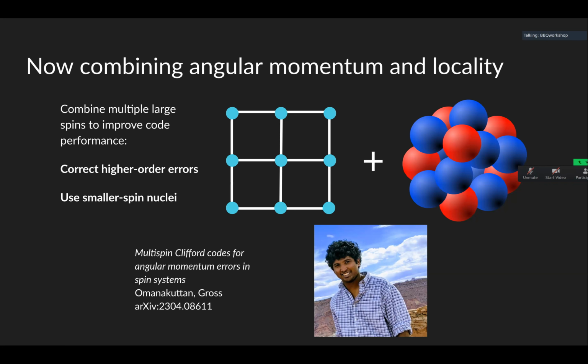And so I want to incorporate both the tensor product structure of the fact that I've got several spins, but also take advantage of the large Hilbert space of each of my individual spins. And you could do this, of course, by concatenating, and people look at that. But we want to look at this from a more intrinsic level, not merely concatenating one of our codes with a traditional tensor product code.